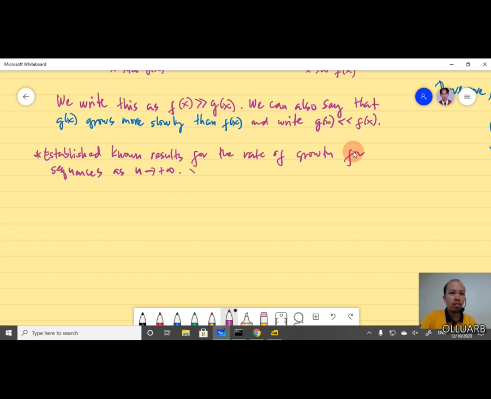This is the known result for p and q satisfying this inequality, and a and b satisfying also this inequality. We have ln of n, n to the p is much faster.